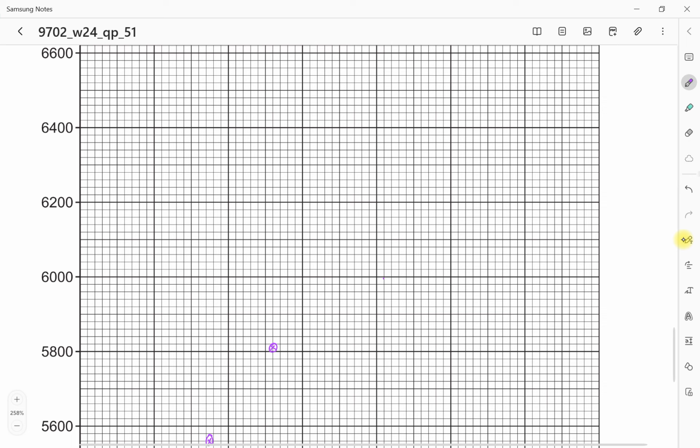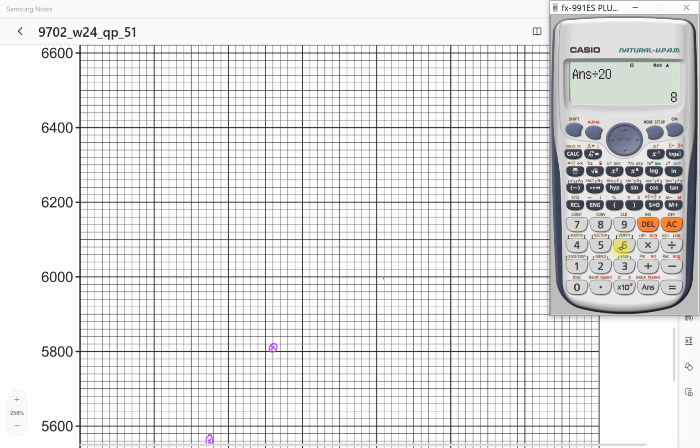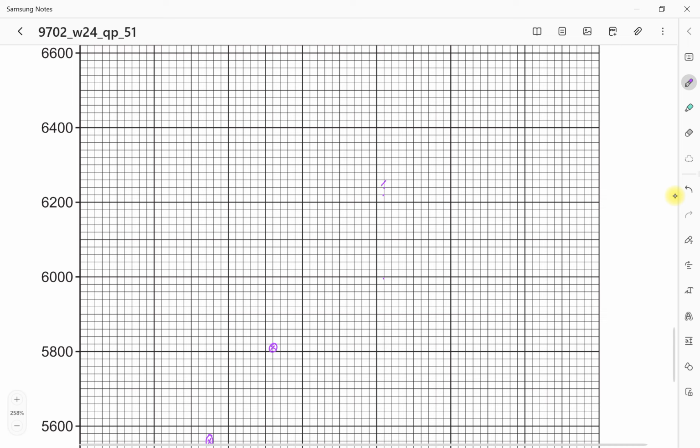So I'll say 6250 minus 6200 divided by 20. That is 2.5. So I'm going to add 2.5 boxes. So 1, 2.5. So the point is here in the middle of that box.